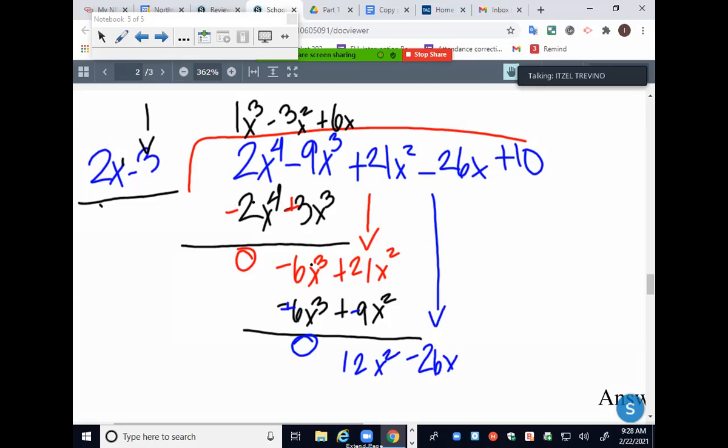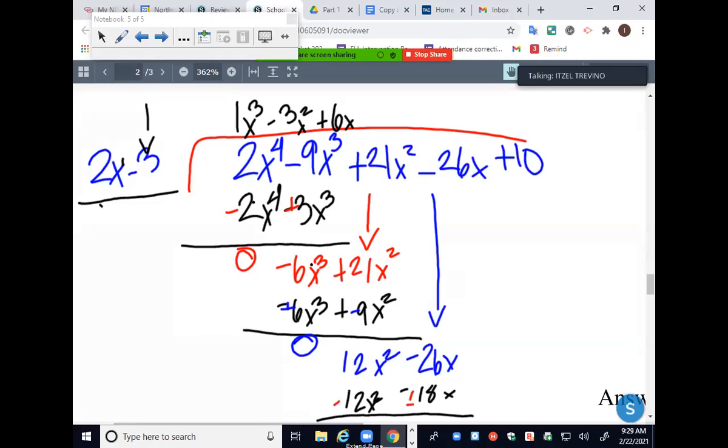If we look at all my variables, the exponent is going down as we keep going. So 6x times 2x gives me 12x squared. 6 times negative 3 gives me negative 18. And my variable stays the same. We're running out of space. Okay. So we are subtracting.